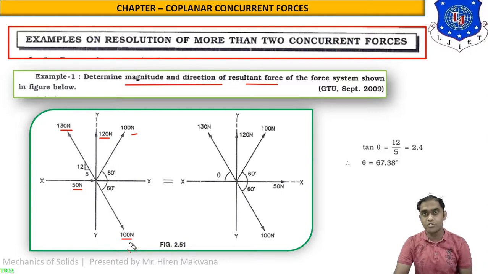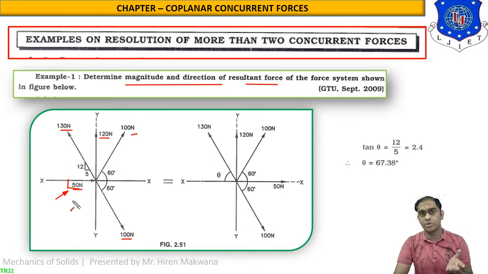What do you mean by tensile force? The force coming outward from the origin. So all the forces are coming outward from the origin. Only the 50 Newton force is coming inside to the origin, so that force is known as a compressive force. This compressive force is not allowed.